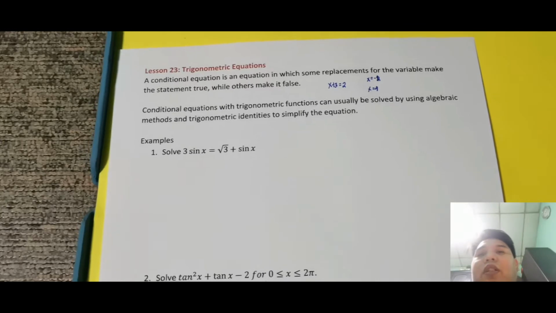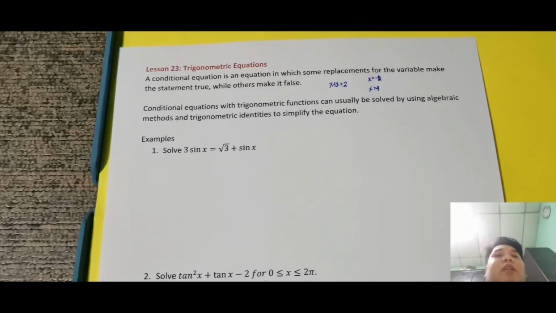Okay, so next is the conditional equation with trigonometric functions can be usually solved by using algebraic methods and trigonometric identities to simplify the equation. So pinagsama ko na yung way natin para mag-solve ng equation sa algebra, sa linear, sa quadratic. Diba may factoring tayo, may quadratic formula.